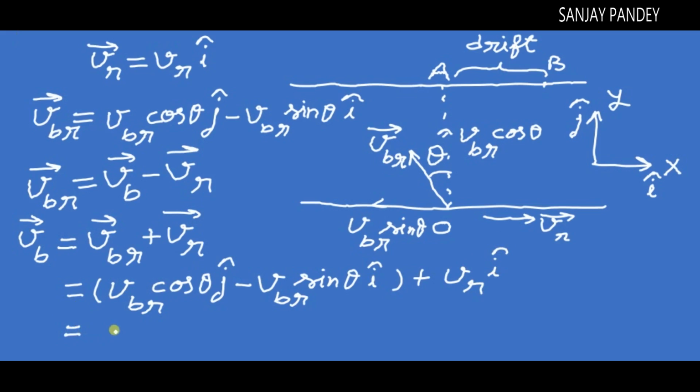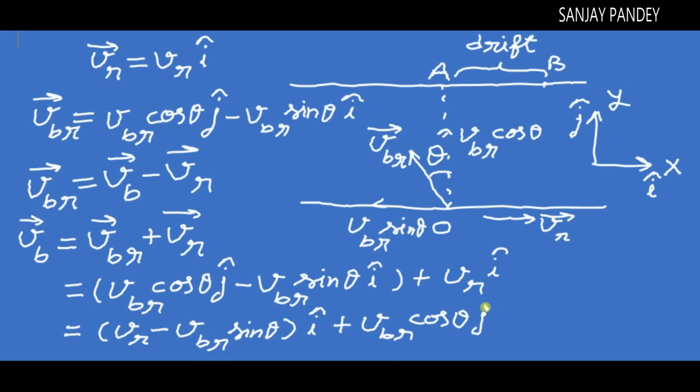It can be written as VR minus VBR sin theta i cap plus VBR cos theta j cap.